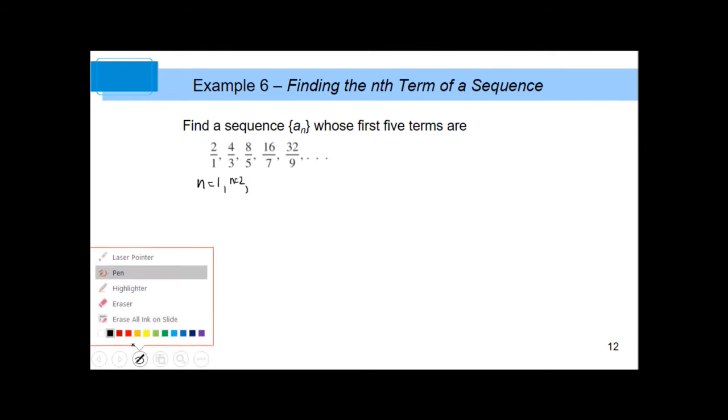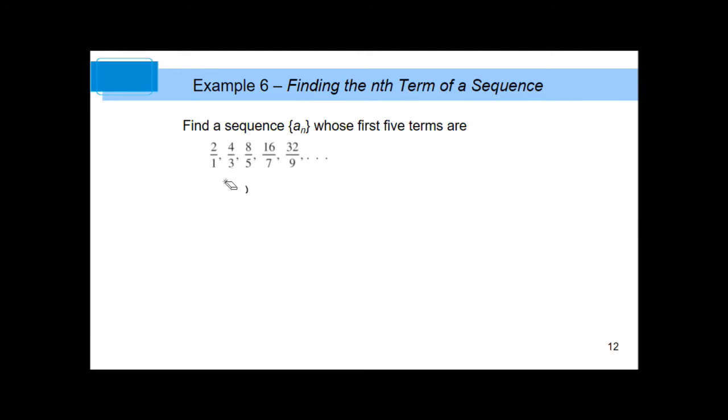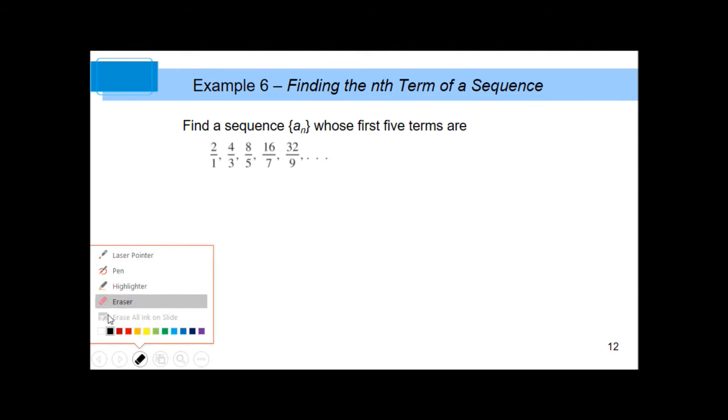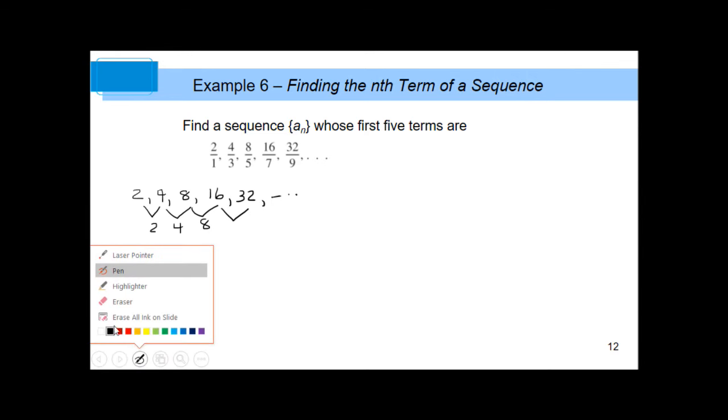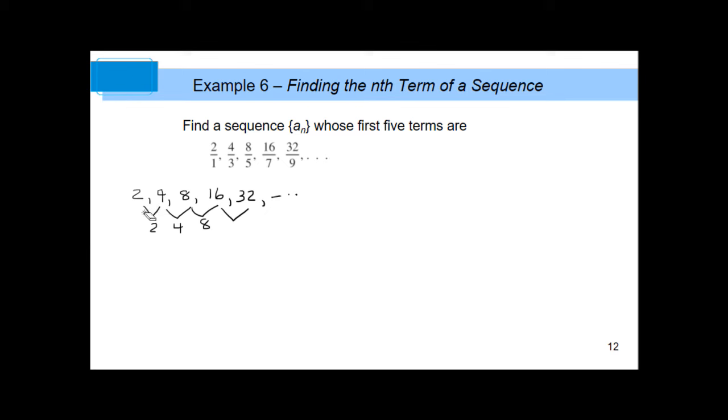So let's write down the numerator and the denominator as a separate sequence. So if I had just given you 2, 4, 8, 16, 32, what might you have noticed about that? The differences are not consistent, right? The difference is 2, this one the difference is 4, this one's 8. The differences are doubling. So what that indicates is that these are multiples.